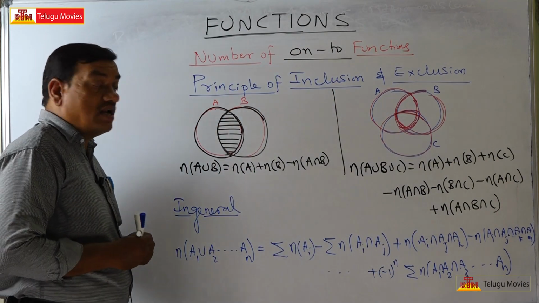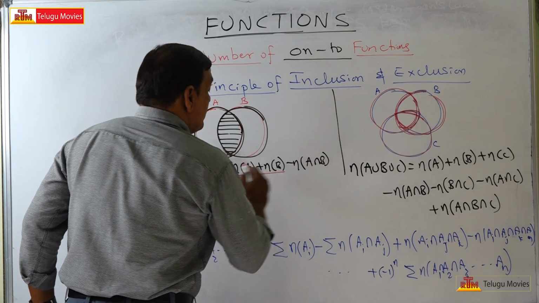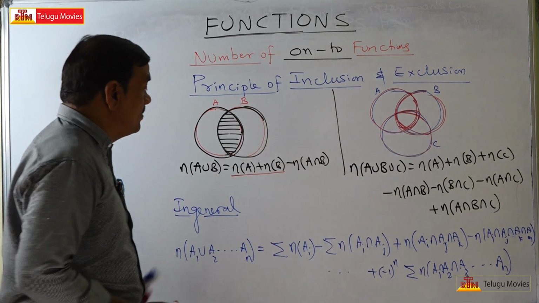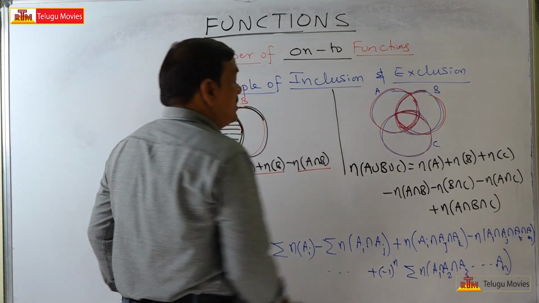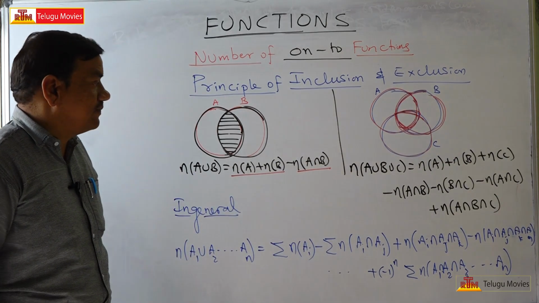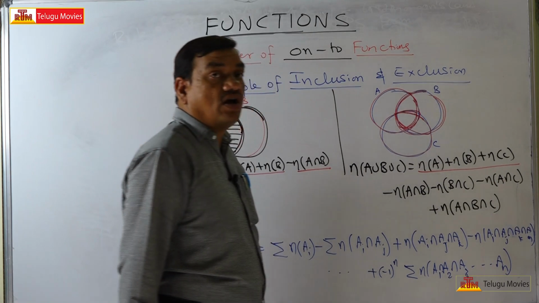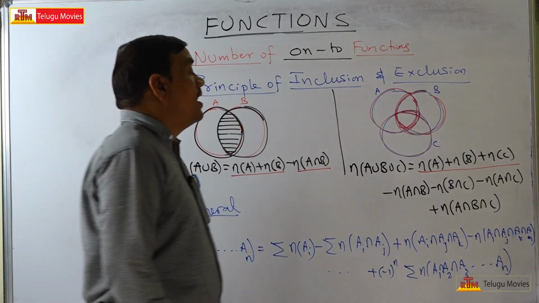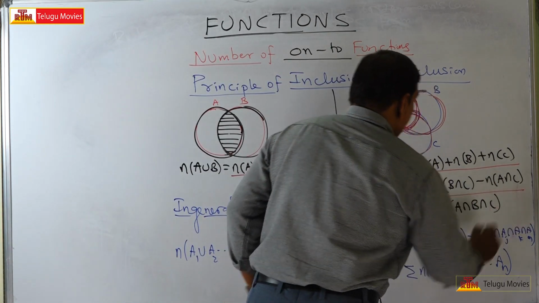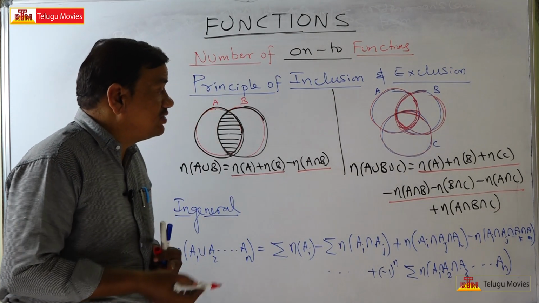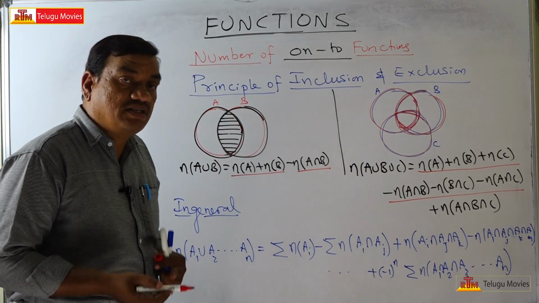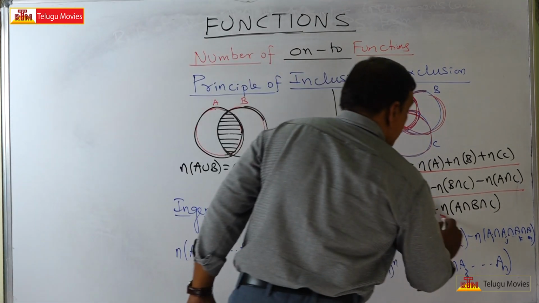Okay now. So this is the number of elements present in one single set, minus double sets A and B, 2 sets. Here also n of A plus n of B plus n of C, single sets, minus A intersection B, B intersection C, A intersection C, double sets, minus. Again plus.